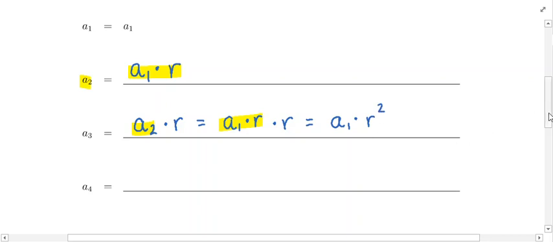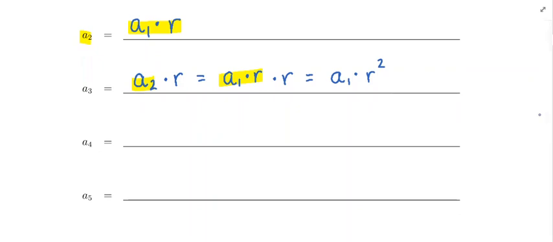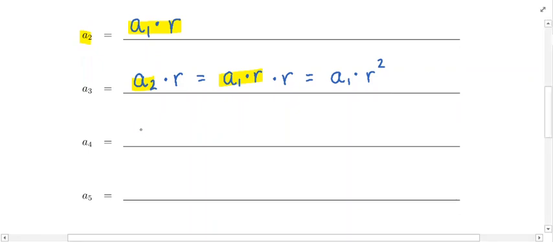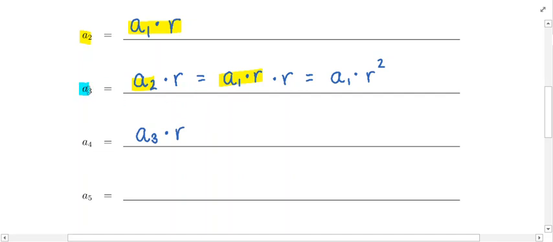And then we do this again. Basically we're trying to write each term in terms of A1, the first term, and R, the common ratio. If we look at A4, to get that, we need to take A3, the term that came before it, and multiply by R. Again, we know how to get A3. We just said that A3 is the same thing as A1 times R squared.